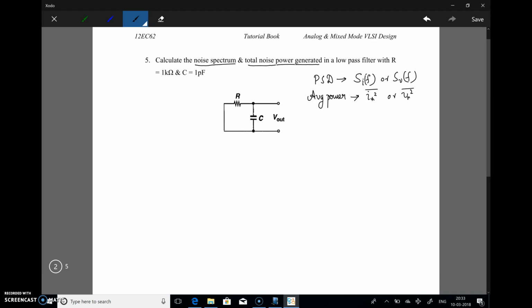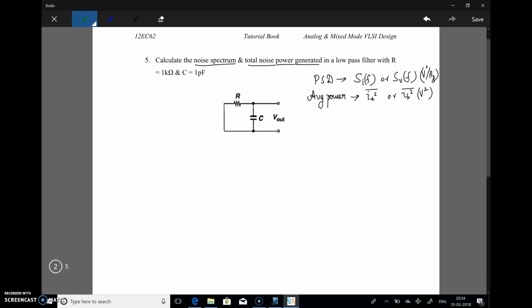Even the units: power spectral density is volt square per hertz or ampere square per hertz, and average power is volt square or ampere square. Now, in this problem, the question is to calculate the noise spectrum.